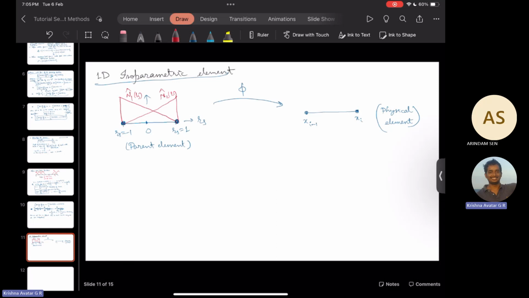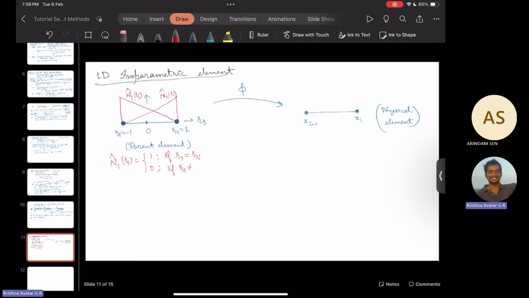Here also it will have a similar condition, that Ni hat of xi is equal to 1 if xi is equal to xi_i, and 0 otherwise.